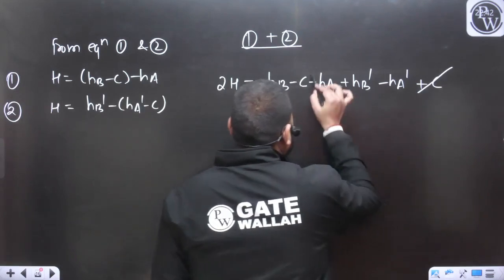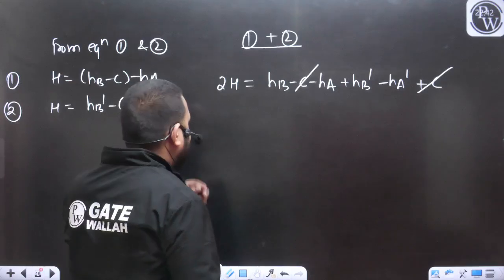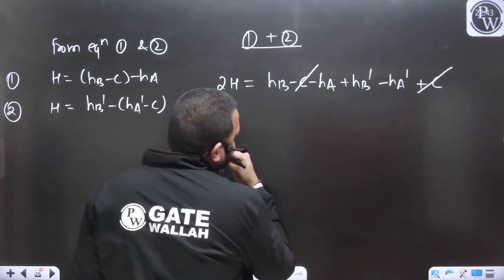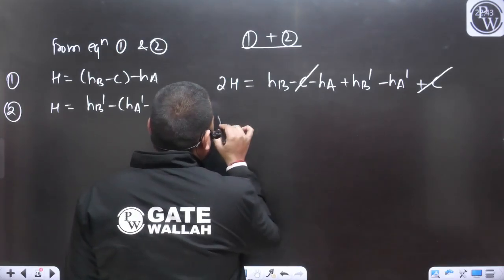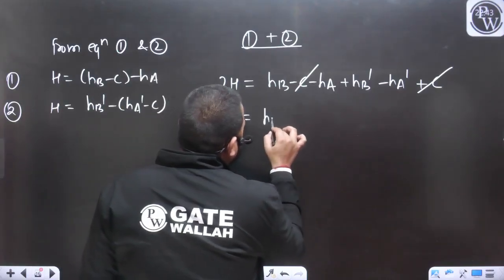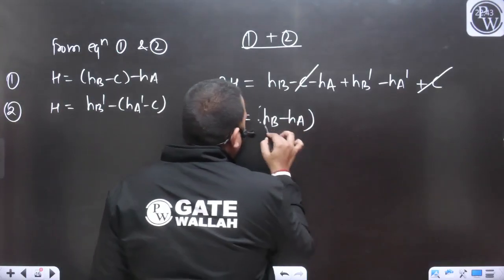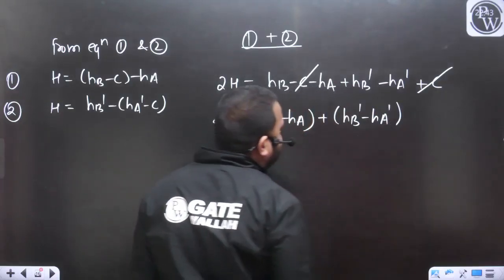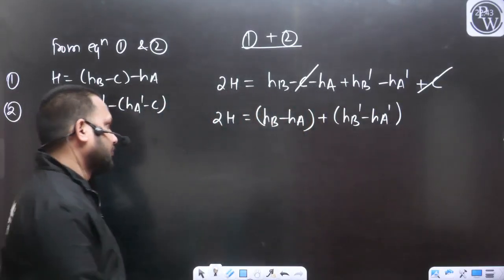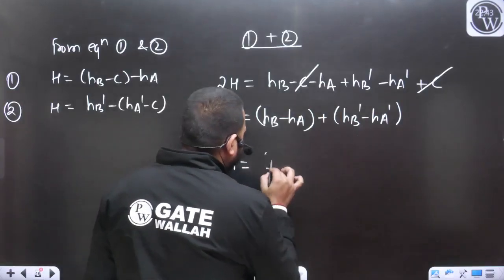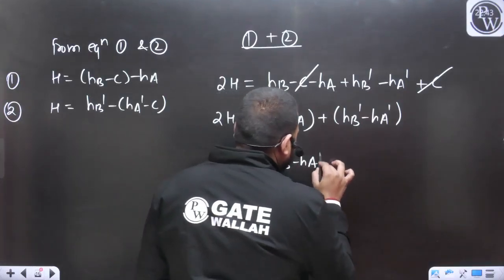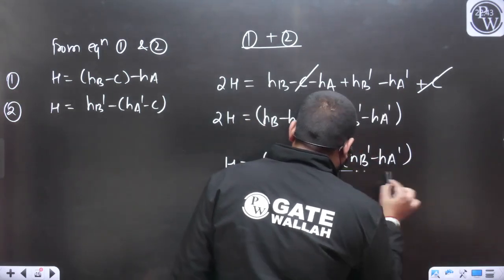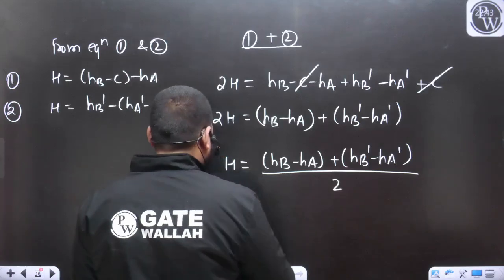This is the plus C, this is the minus C. So can I write this will be equal to 2H will be equal to HB minus HA plus HB dash minus HA dash. Can I write like this? So from here can I find out H will be equal to HB minus HA plus HB dash minus HA dash by 2. Tell me yes or no.